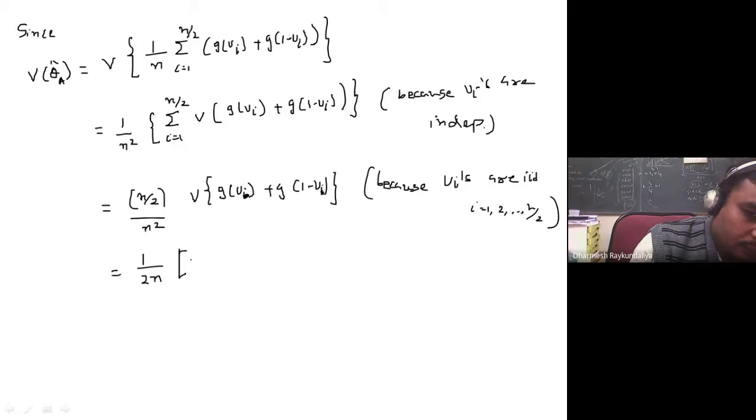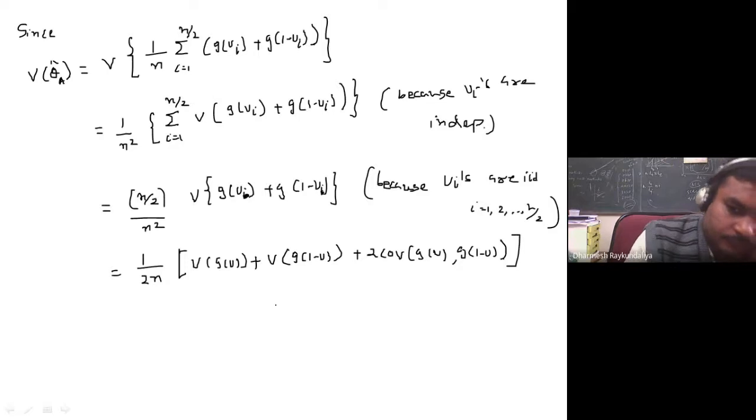What can we write here? The variance of g of u plus the variance of g of 1 minus u plus twice the covariance of g of u and g of 1 minus u. Can we write that? We can write. So by the earlier result, this covariance between g(u) and g(1 minus u) is negative.